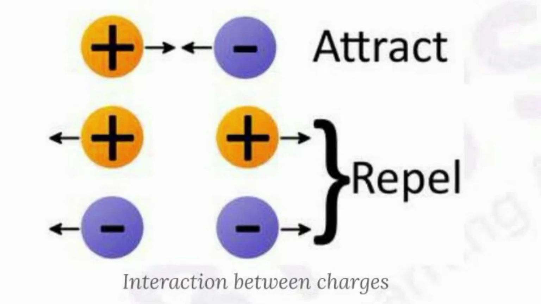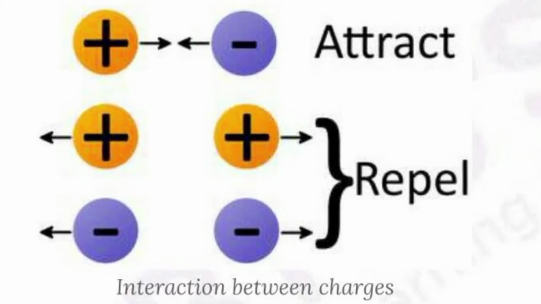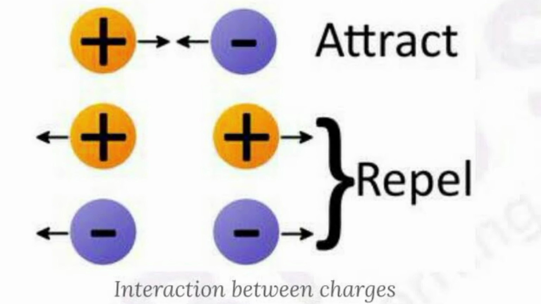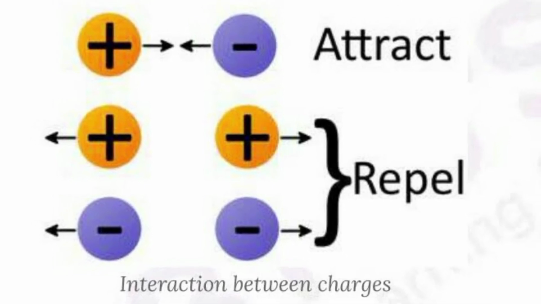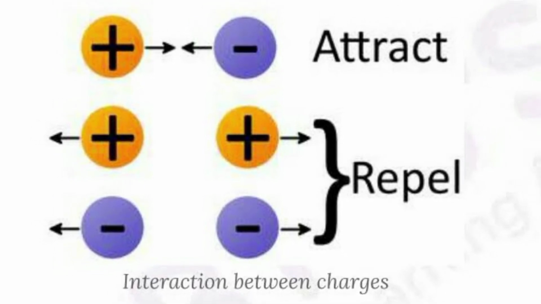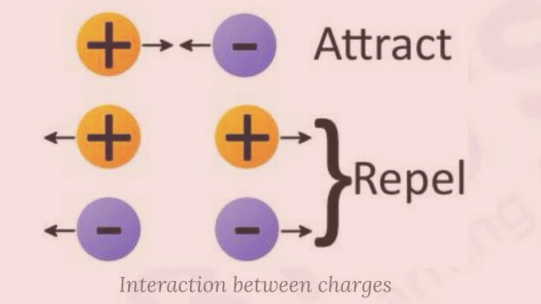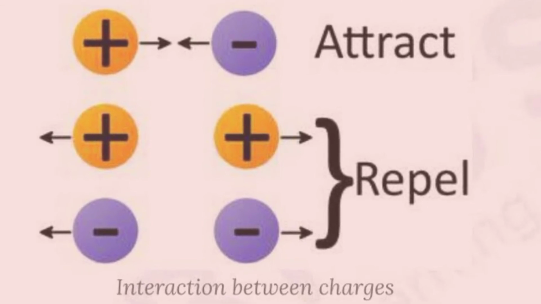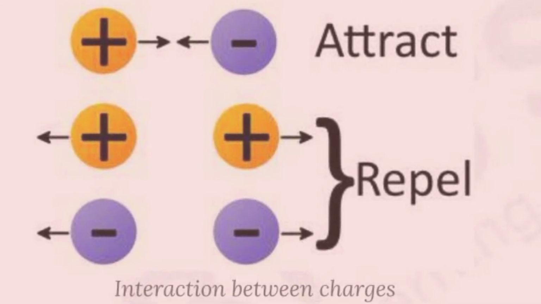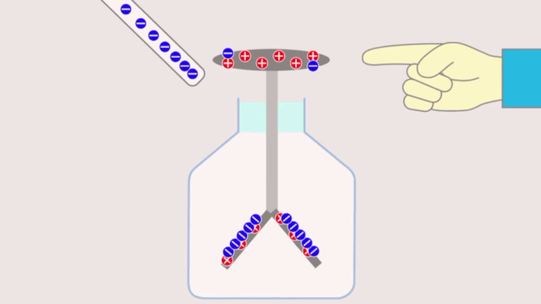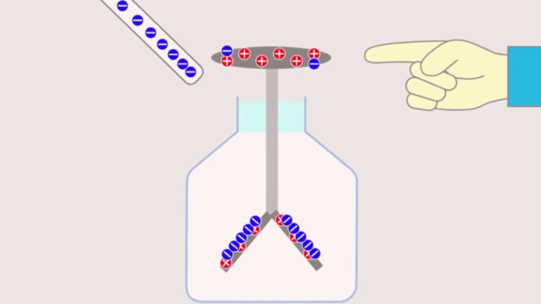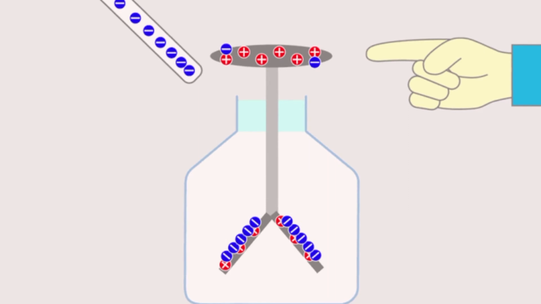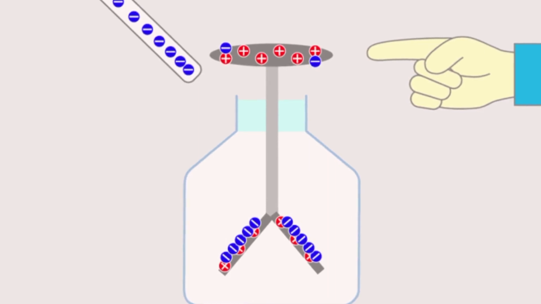These two charges interact in such a way that unlike charges attract themselves, while like charges repel themselves. Electrostatic law states that unlike charges attract, while like charges repel. Electric charge is tested in the laboratory using an instrument called an electroscope.